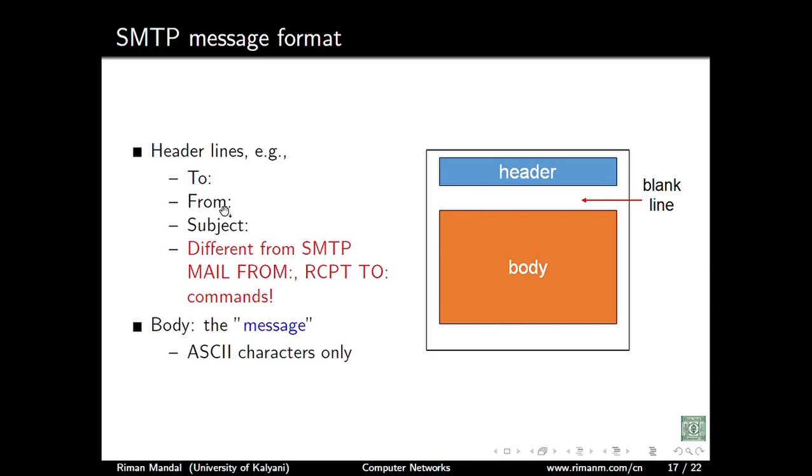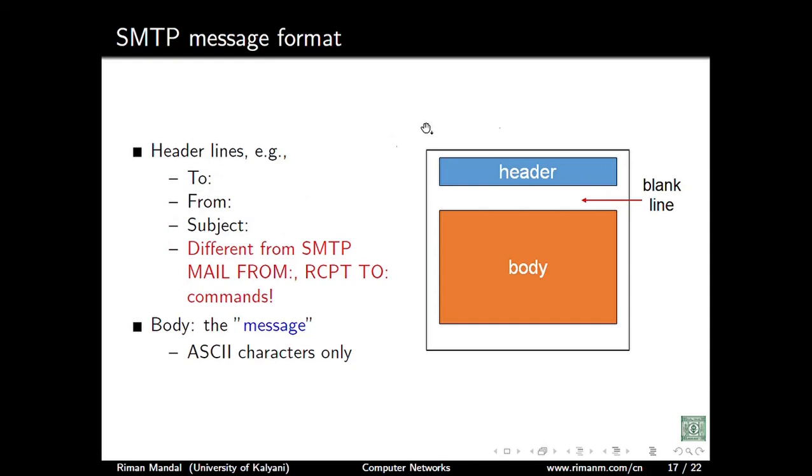In the previous SMTP example that I have shown, we have not used any header there. The To, From and Subject lines are not the same as the RCPT TO or MAIL FROM commands. Those SMTP MAIL FROM and RCPT TO commands are different from these header lines. They will be included in the message itself.